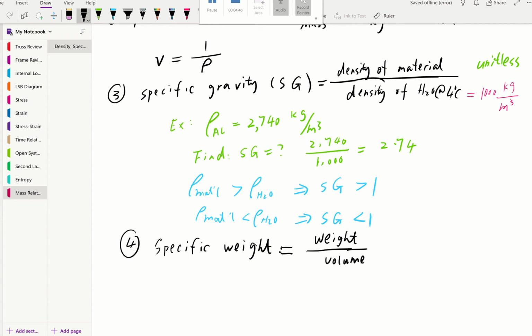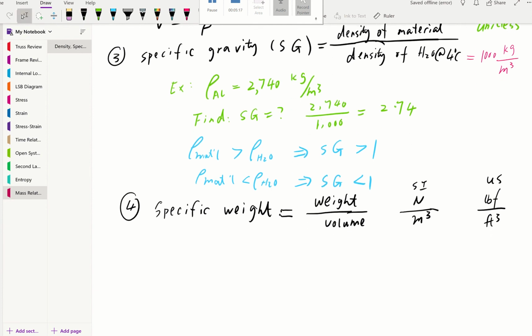Then what will be the unit for SI and US? Weight is basically how much gravitational force is put on an object on Earth. So weight is a force unit, which is Newton. Volume is meter cubed. So it's Newton per meter cubed. The US system will be pound force per feet cubed. That is our specific weight.